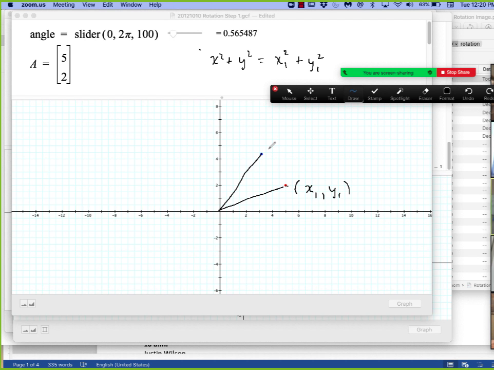I kind of think it can be generalized. You can make a parametric equation that relates the initial x1 to the new points. Yeah, that's the idea: given x1, y1, we're trying to figure out what x2, y2 is, right?